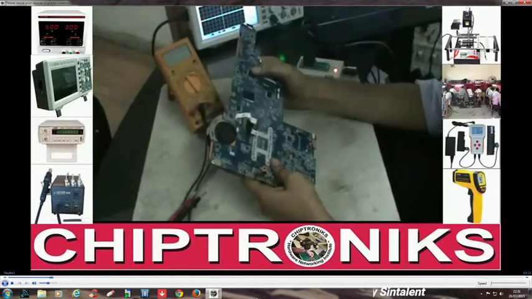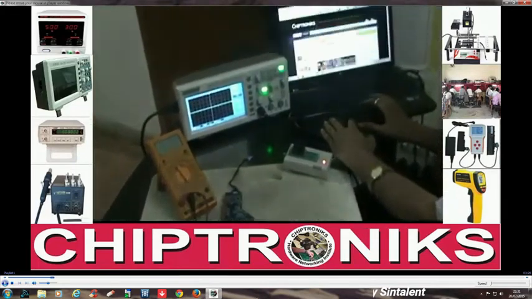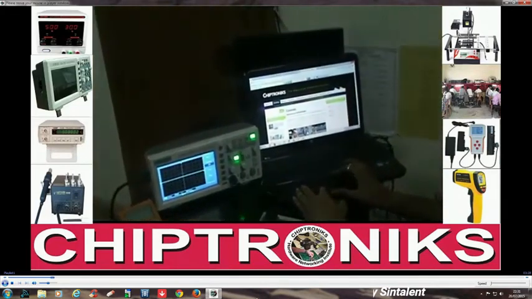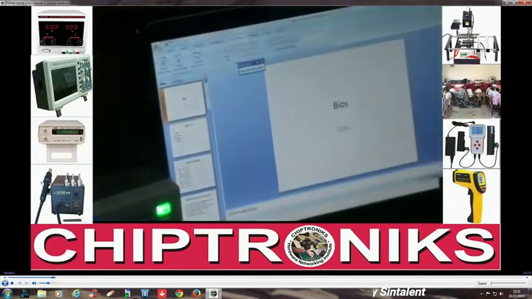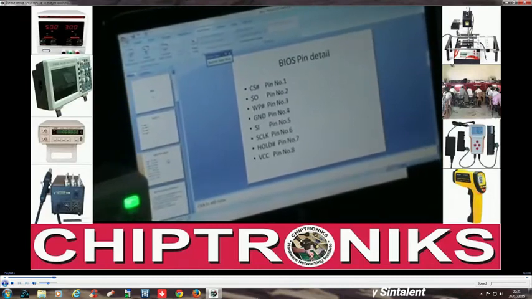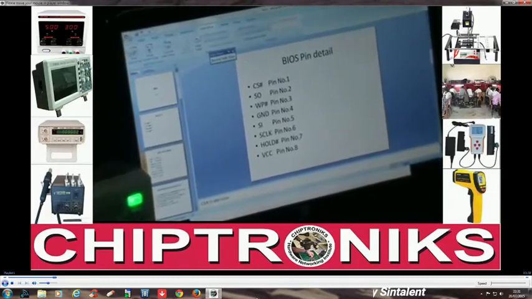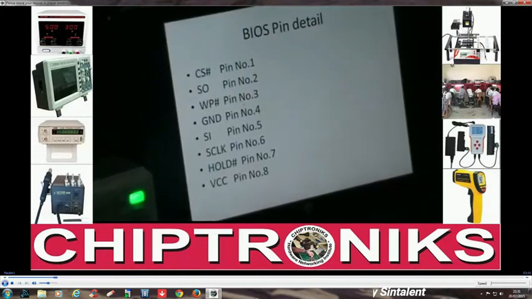Okay, now here I will show you pin details. BIOS pin details. When you see the BIOS IC on the board, it has 8 legs.